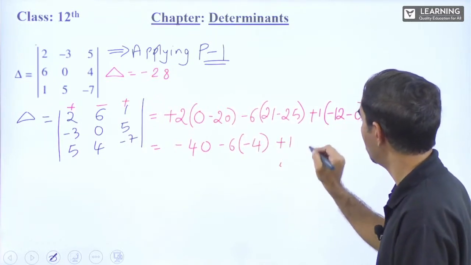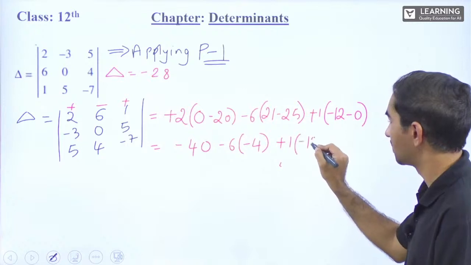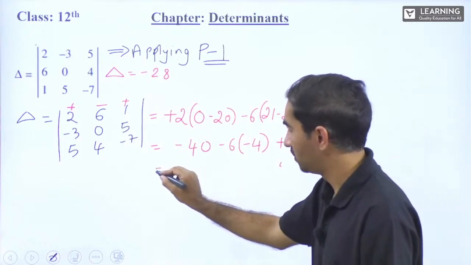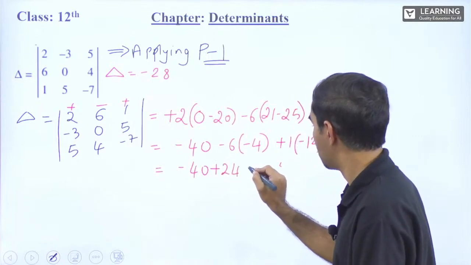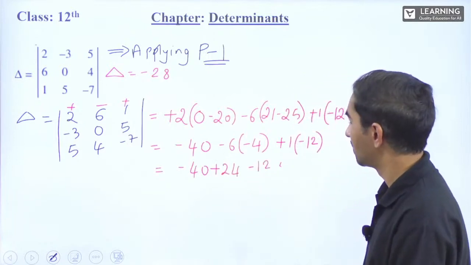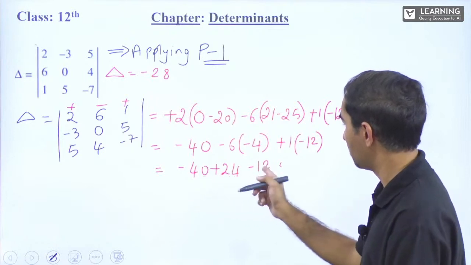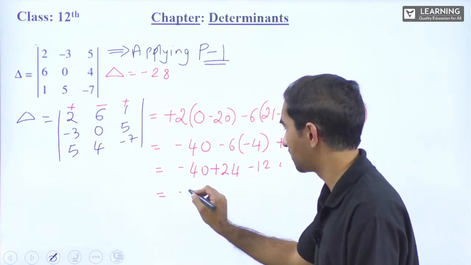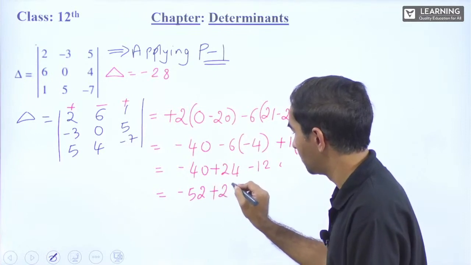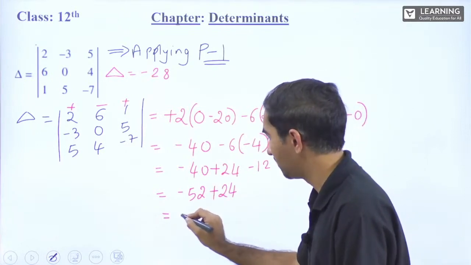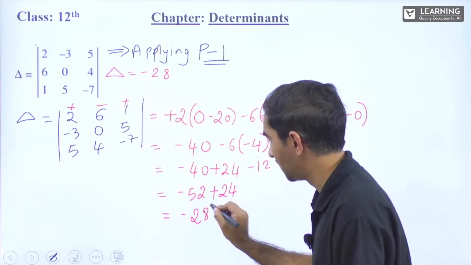Plus 1 into minus 12 as it is. So which is equal to minus 40 plus 24 minus 12. Add minus 40 and minus 12, which is minus 52. Minus 52 plus 24, this will be equal to how much, students, again? Which is equal to minus 28.